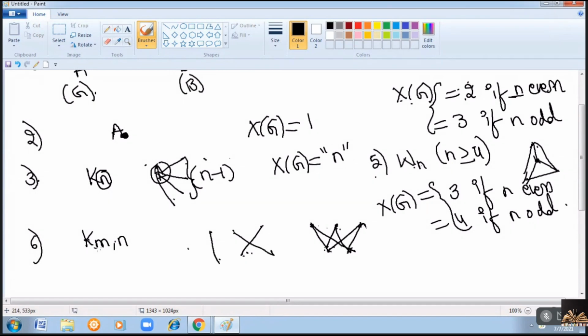Right? M represents the number of vertices in the first group. N represents the number of vertices in the second group. Now you tell me, what is the chromatic number of this complete bipartite graph?